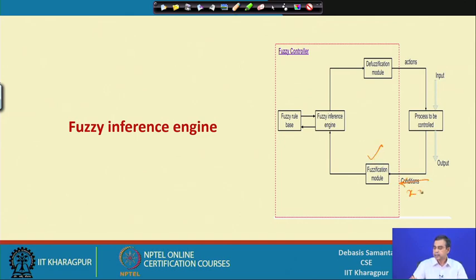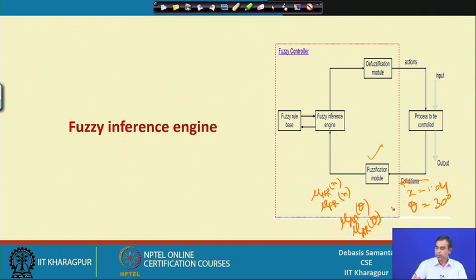For x equals 1.04 as the creep and theta equals 30 degrees, the two inputs, the fabrication module will give you the different mu nr x, mu fr x, similarly mu aa theta, and then mu ar theta.